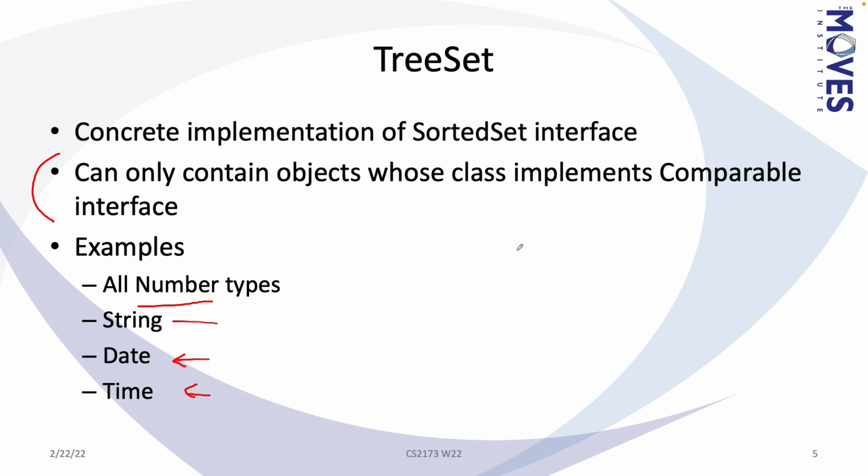Today is February 2nd, 2022. Regardless of how I format it, it still refers to exactly the same day. And if I say is February 21st before or after that, even if it's a different format, it would still be able to decide which one is greater or less than.